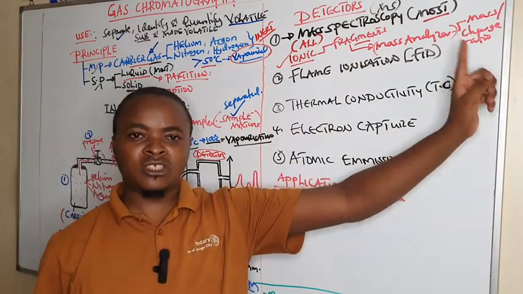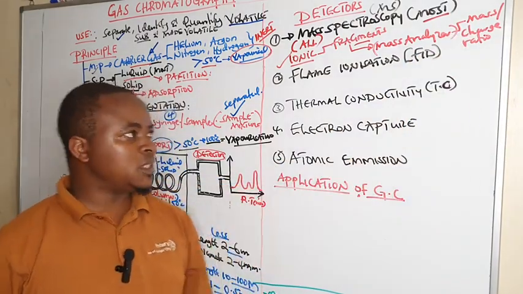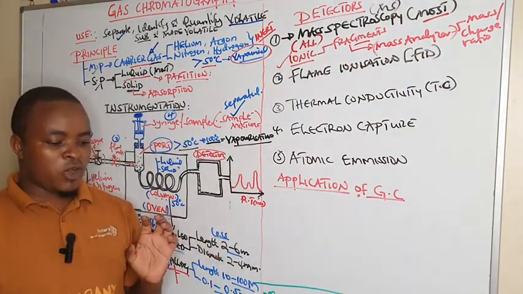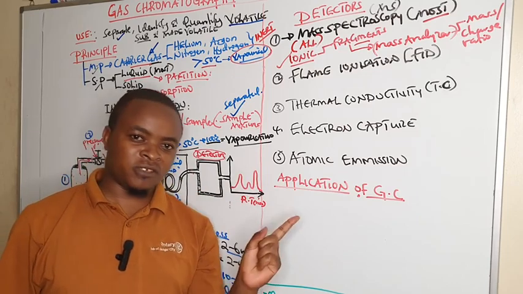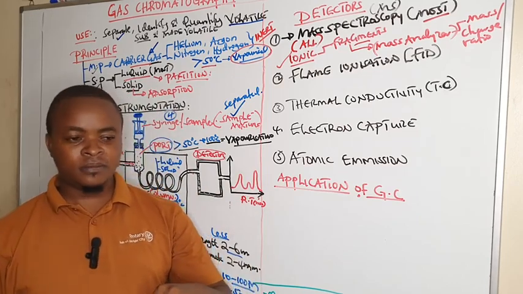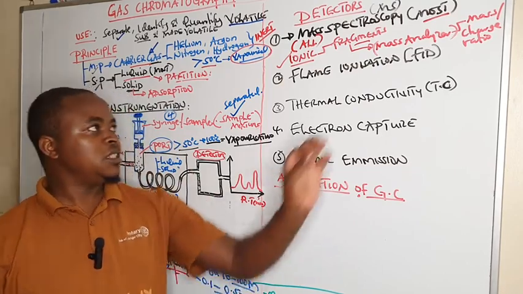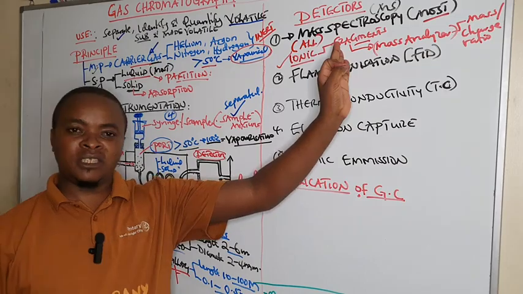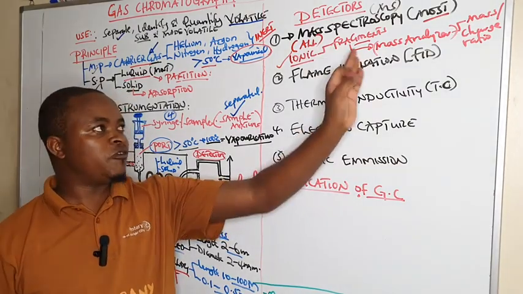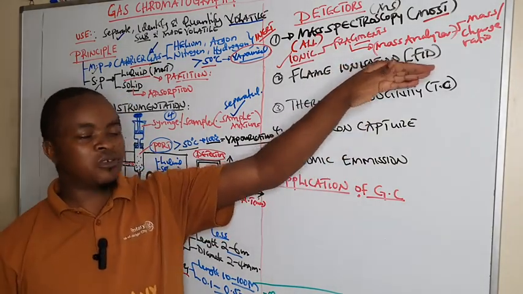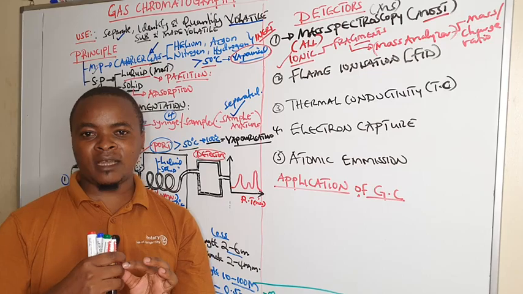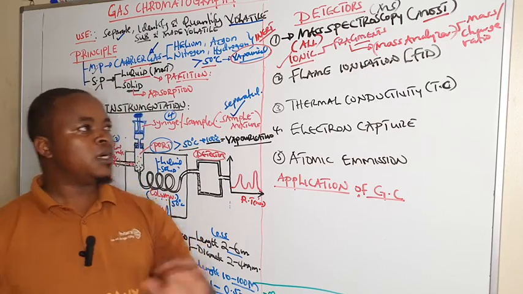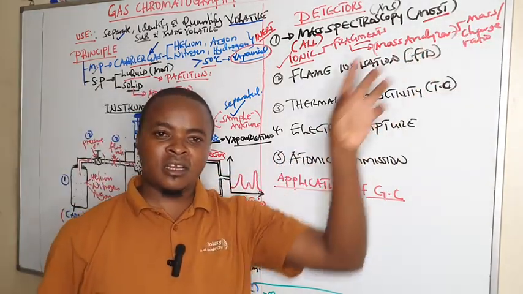That is how mass spectroscopy is able to quantify and bring about a readout on a recorder by looking at the mass and charge. Because we have seen it does 2 things. When we bring in a gas, it ionizes it to become either positively charged or negatively charged. The second thing is to turn it into fragments. These ionic fragments pass through the mass analyzer, which separates them according to mass and charge.